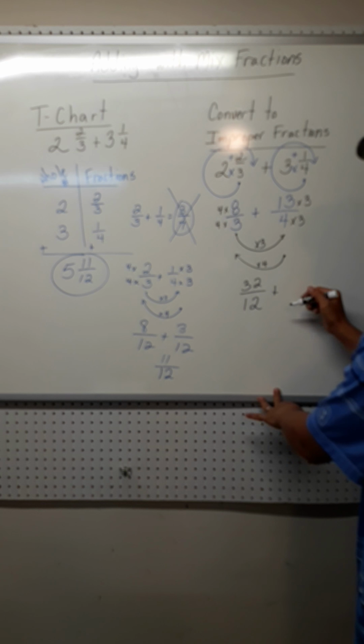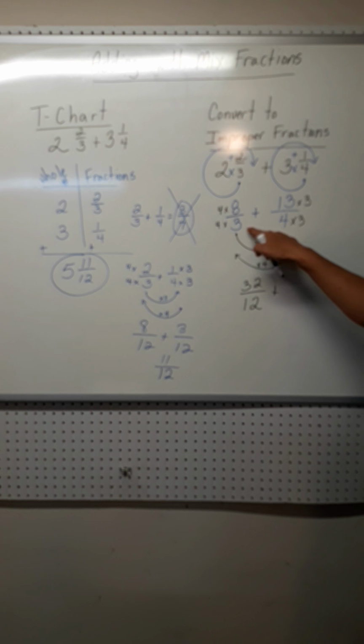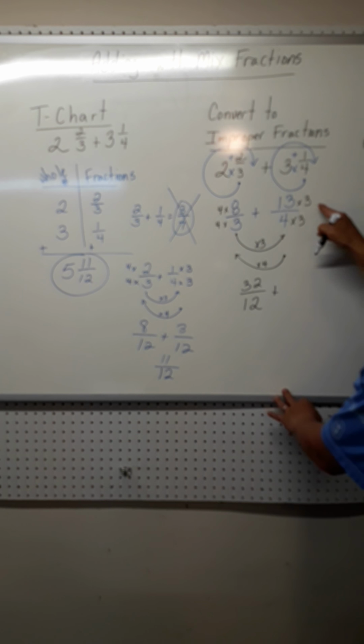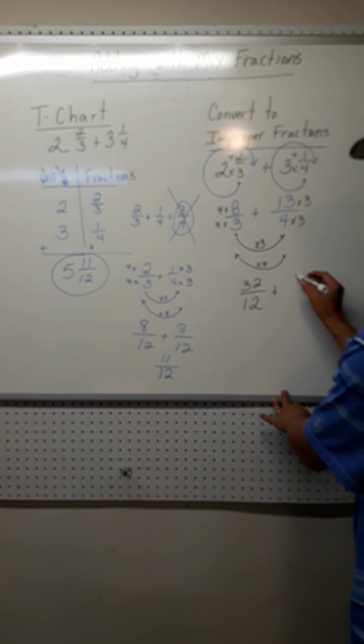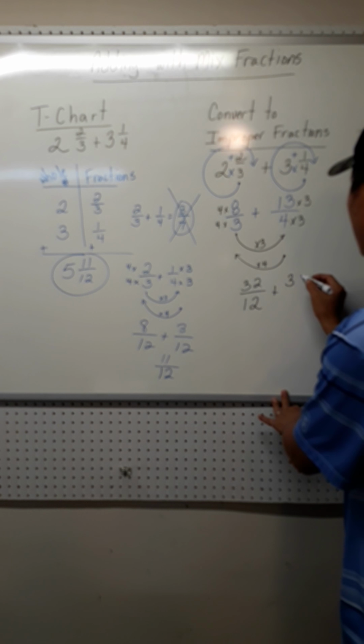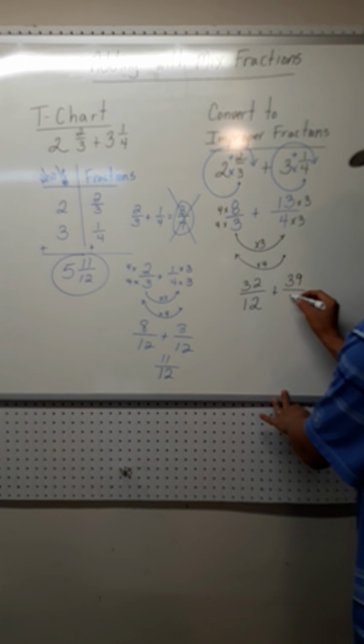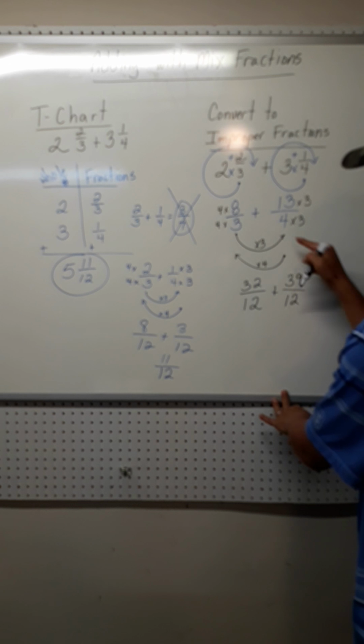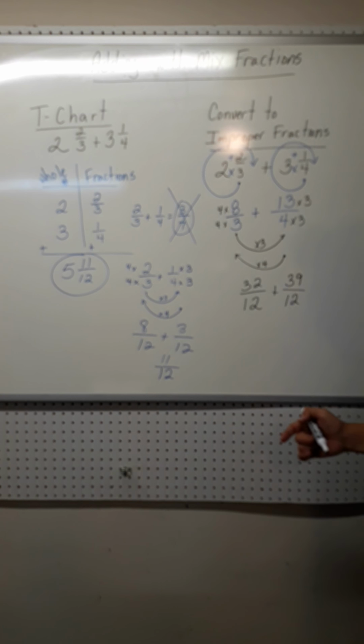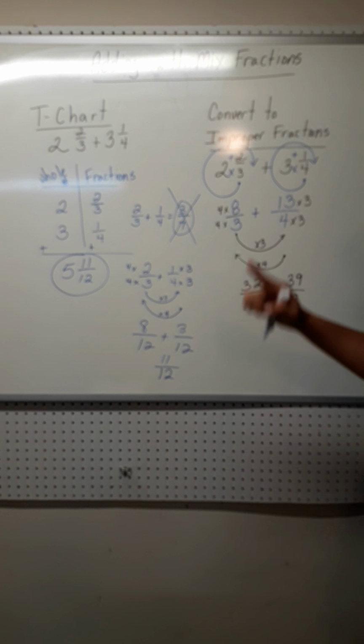Plus, and the reason why I'm doing this is because my denominators are different. I have to get to the same denominator. 13 times 3 is 39 over 12, 4 times 3. You may be asking, why is it that it really doesn't change the value? Well, it's a very good question.